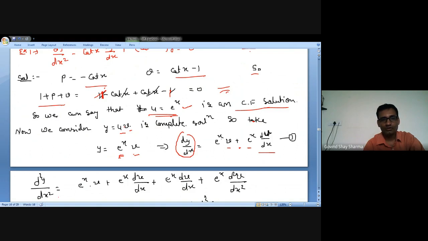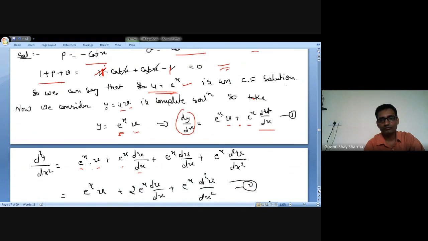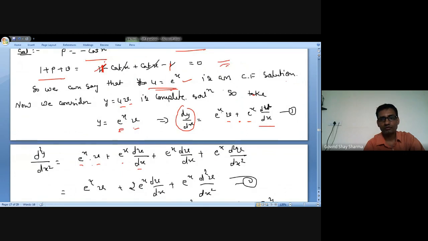Again, d2y upon dx2: the first term's differentiation is e to the power x v plus e to the power x dv upon dx. The second term is e to the power x dv upon dx plus e to the power x d2v upon dx2.